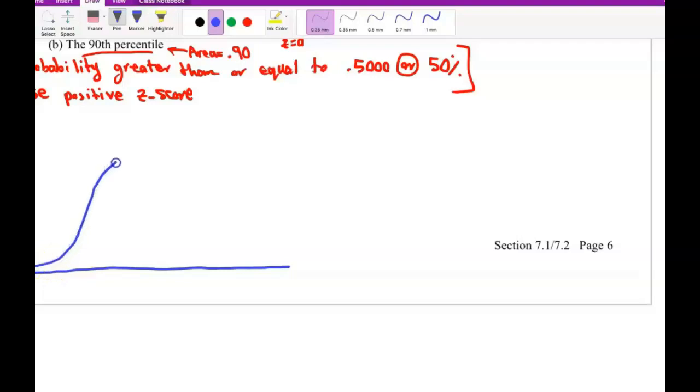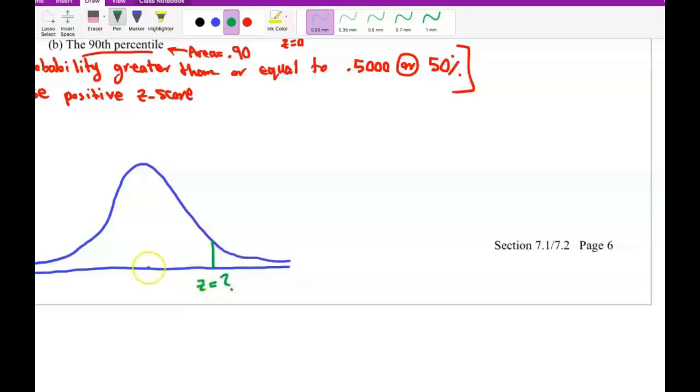Okay, I'm trying this one. Since we have positive, in between we have 0. This is kind of okay. Let me retry. Okay. So Z should be somewhere here. Z, you don't know what Z is? And here is Z is 0.